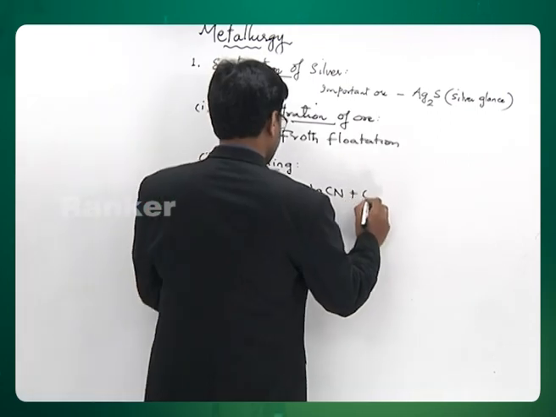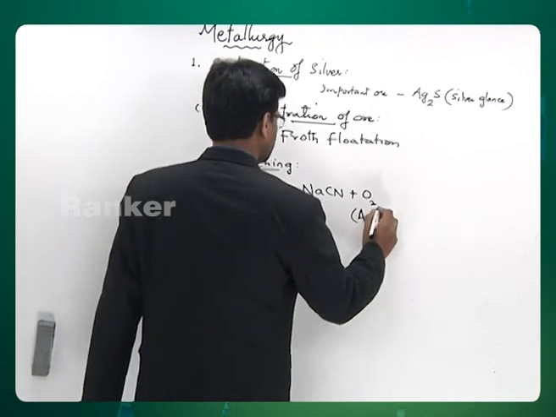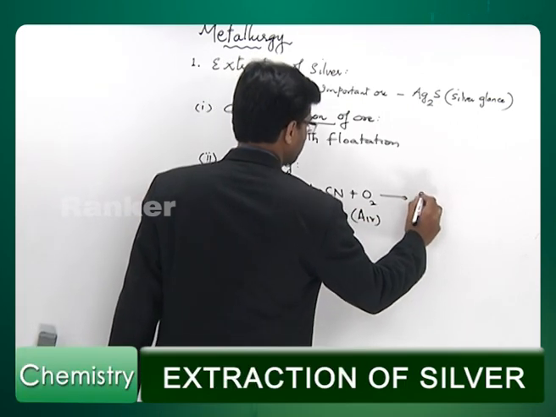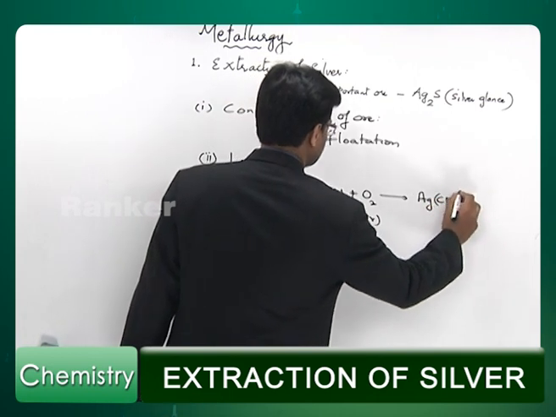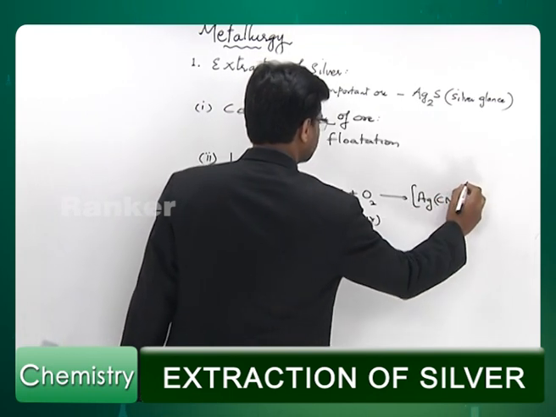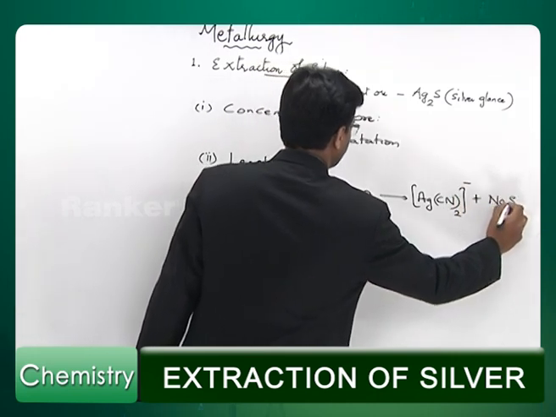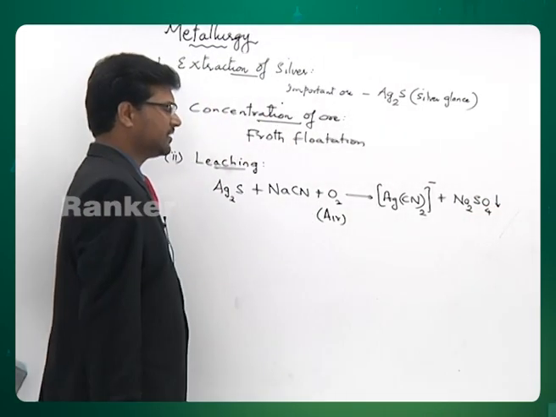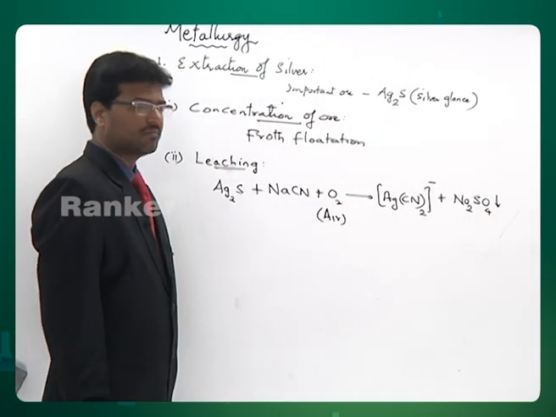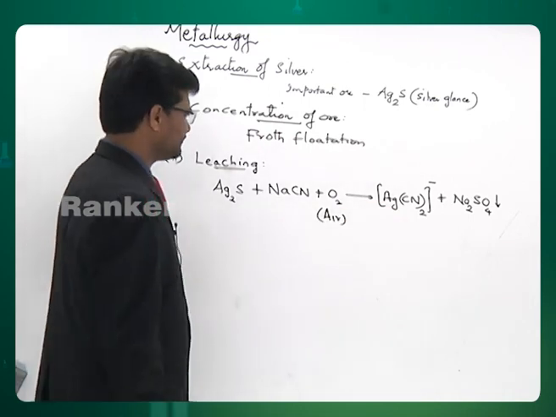We blow air also, and then you get Ag(CN)2 taken twice, a soluble complex, plus Na2SO4. On cooling, this will crystallize, and we get a soluble complex of silver, argentocyanide.